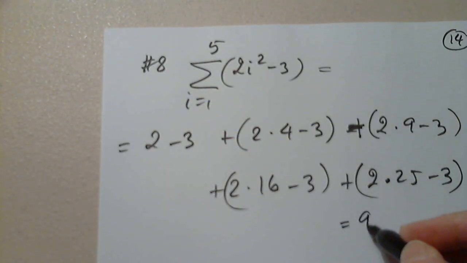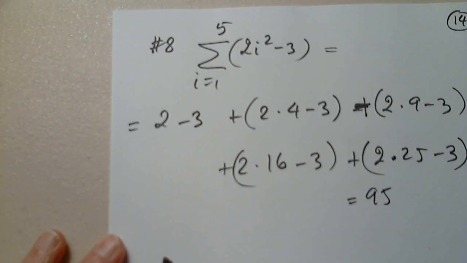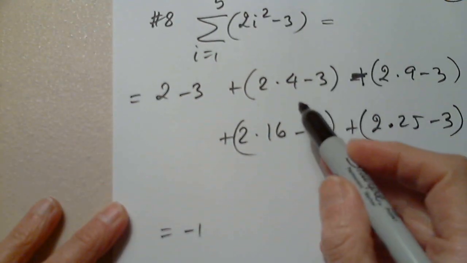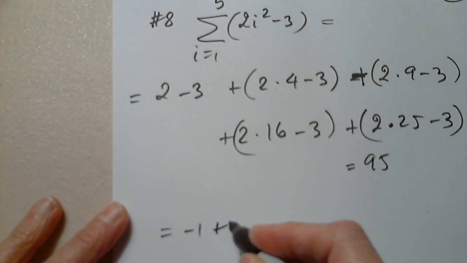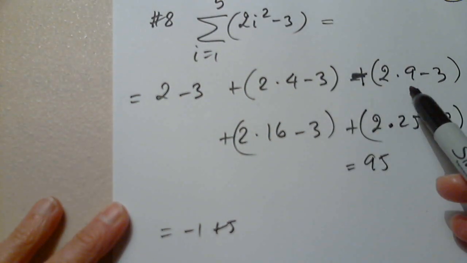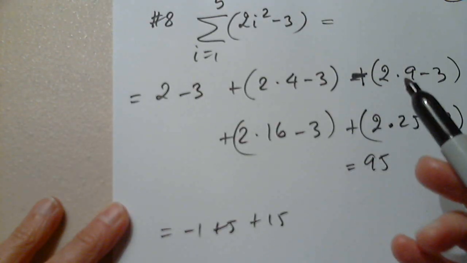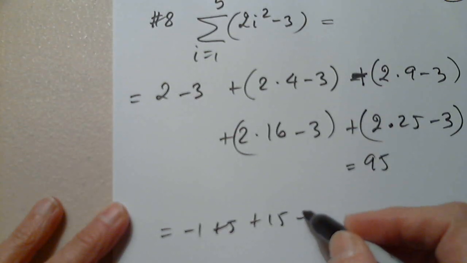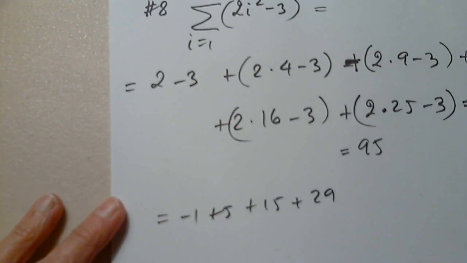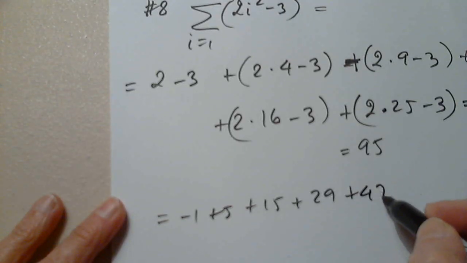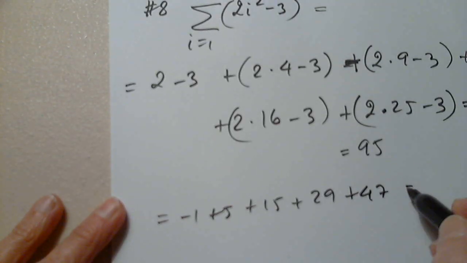Of course, you can check. So this is negative 1. This is positive 5. This is 18 minus 3, which is 15. This is 32 minus 3, which is 29. And this is 50 minus 3, which is 47.